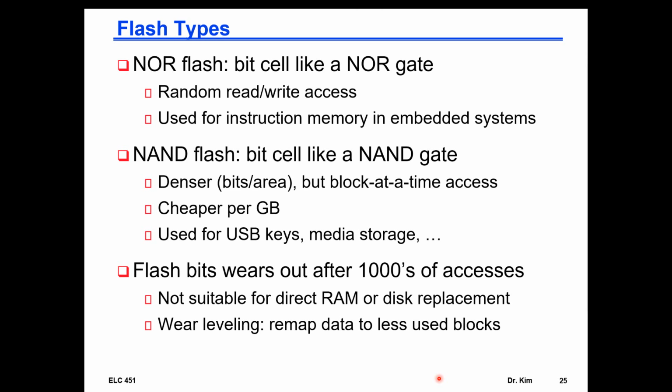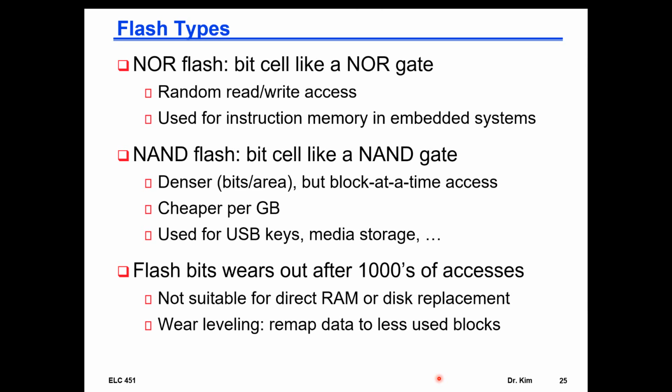A little bit more about Flash. There are two architectures when it comes to physical design. One is called NOR, a NOR bit, which resembles a NOR gate at the transistor level. And a characteristic of this architecture is that you can access randomly the actual bytes.